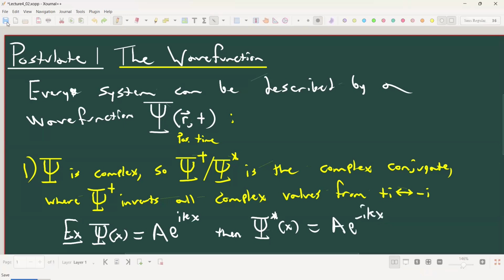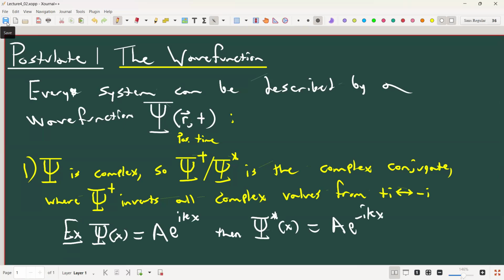And we discussed a little bit about why this is. Again, remember what this means. ikx is motion on a circle in the complex plane, right? So this is just an object that's moving in a circle as it's propagating through space.